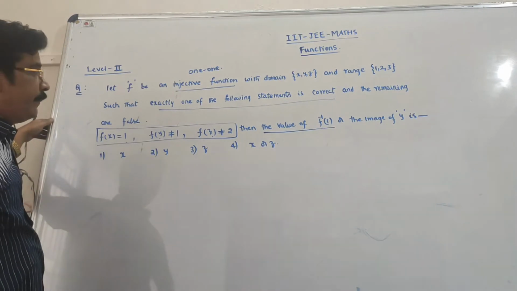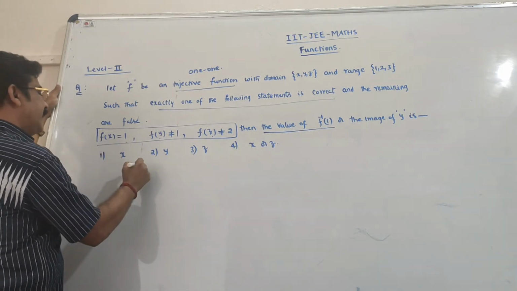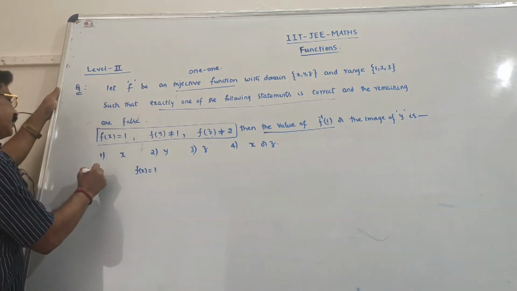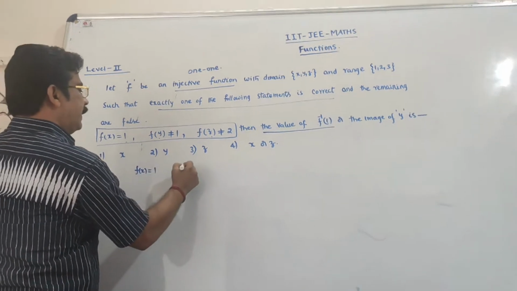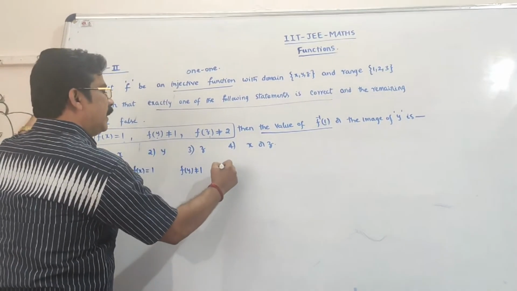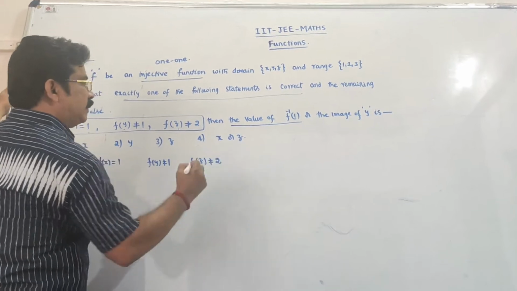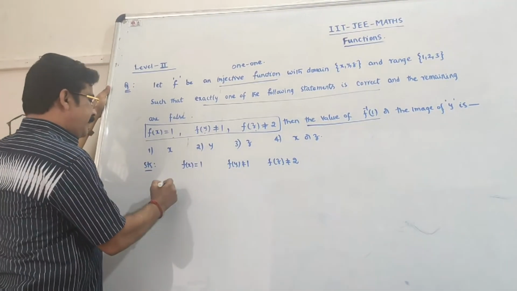This is the question. Now, the given statements, three statements are there: f(x) = 1, f(y) ≠ 1, f(z) ≠ 2. Here three cases will arise.